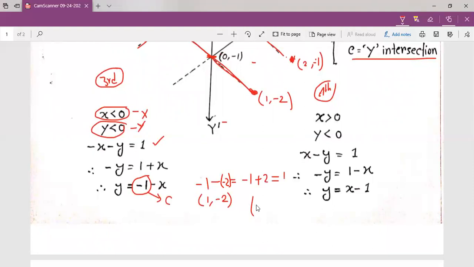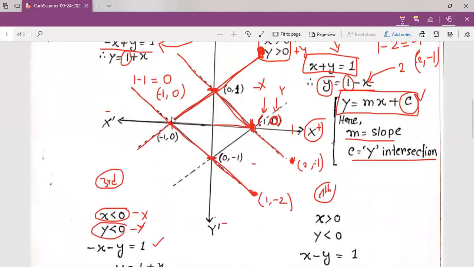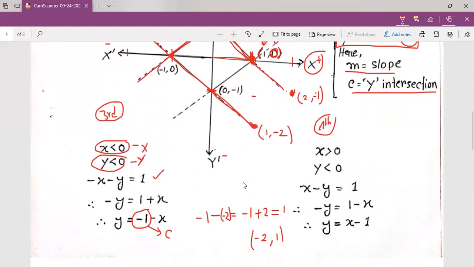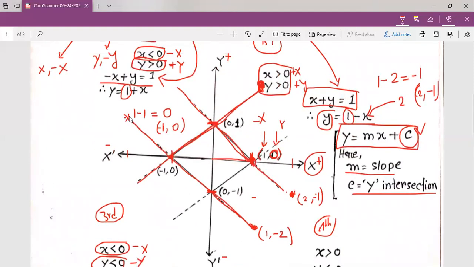So for the value of x equal to -2, we get the value of y equal to +1, right? Let's put this in our graph. So for x, -1 is here and -2 here, and for y, +1 will be upward, somewhere around here. So we get our point, that will be (-2, 1), right? This way we are getting our line.